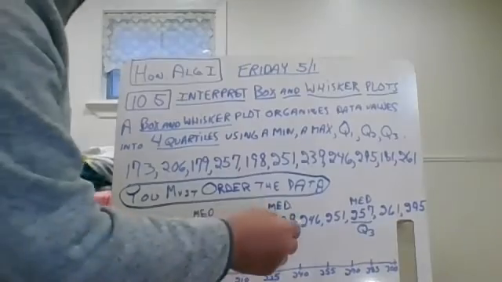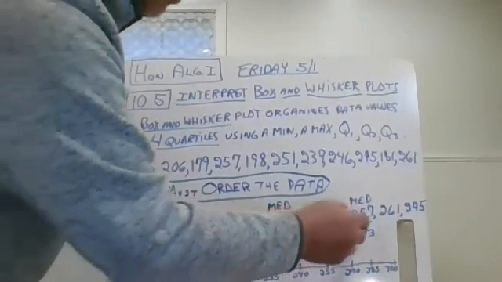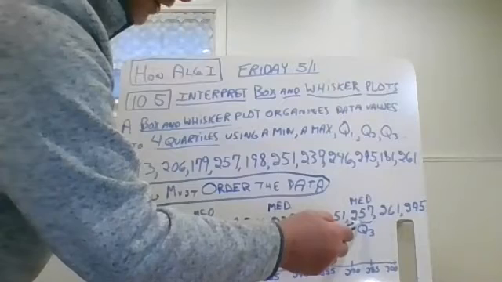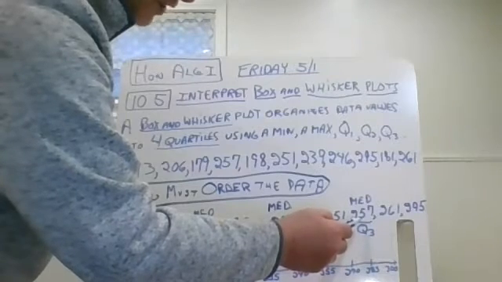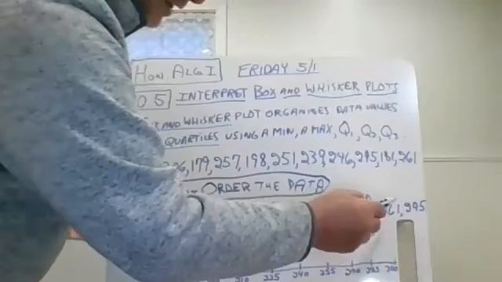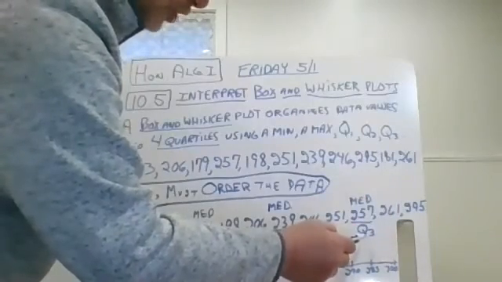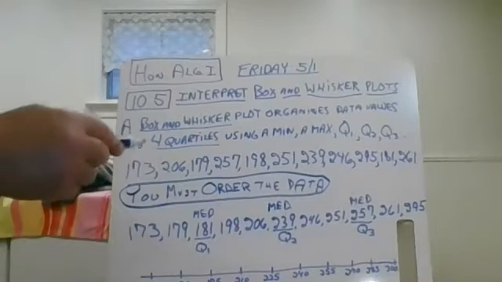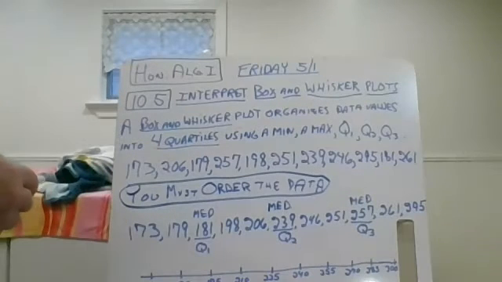And then you take the upper half, these 5 values, and you take the third one. And that 257 is the median of the upper half. And that's called Q sub 3. So you're finding 3 medians.